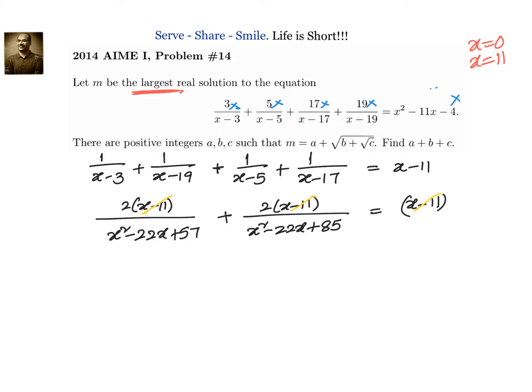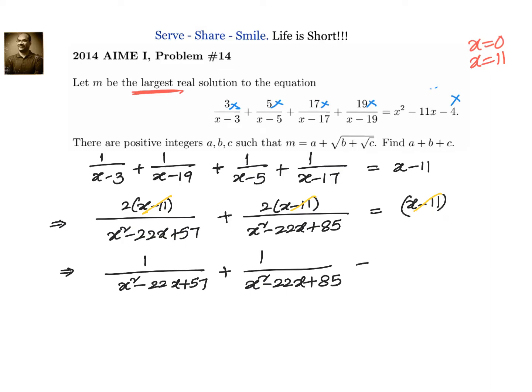We'll simplify this now. In the next step, we can write down that means 1 by x square minus 22x plus 57 plus 1 divided by x square minus 22x plus 85 is equal to 1 by 2.